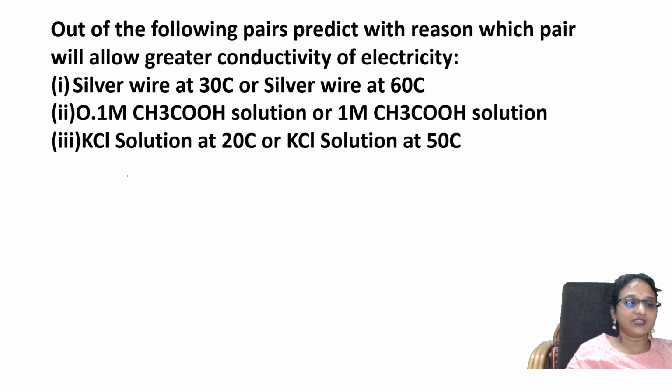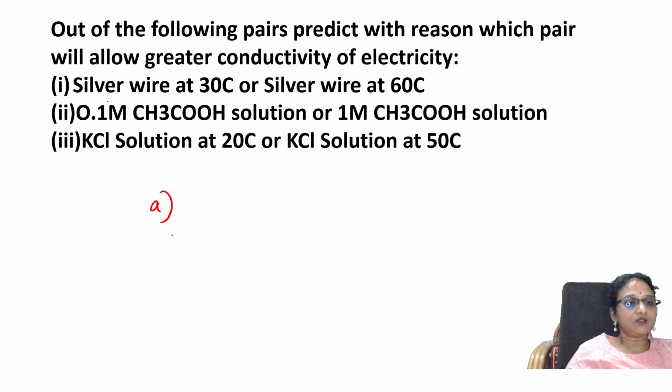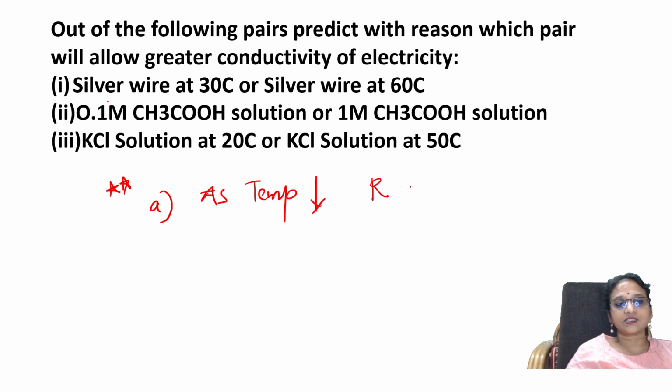Next question, students. Which of the following pairs, predict with reason, has greater conductivity of electricity? Three conditions are given. First: silver wire at 30 degrees or silver wire at 60 degrees centigrade. Always remember, as temperature decreases, resistance decreases.